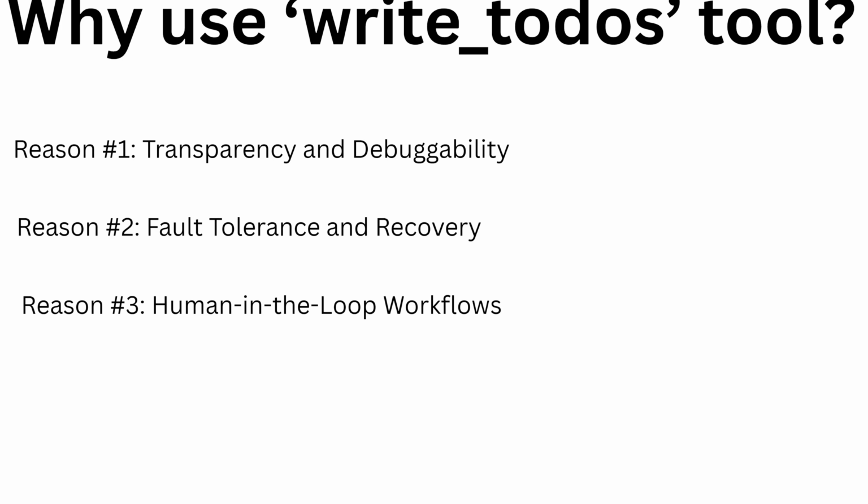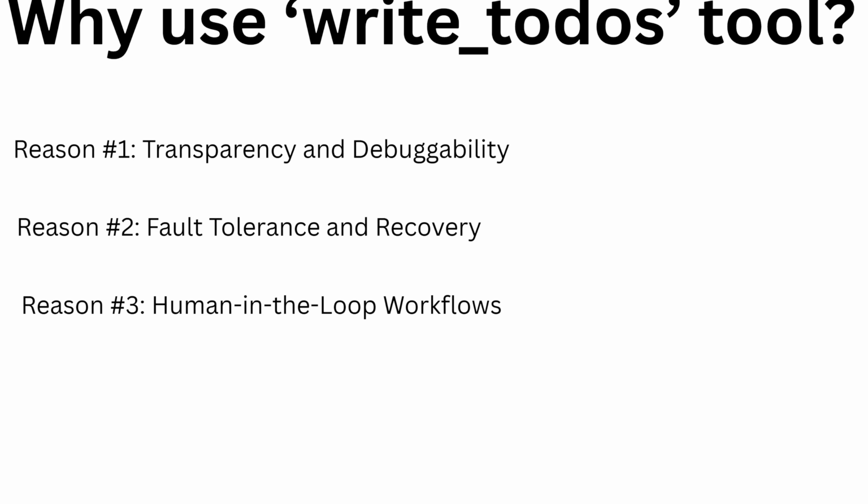And the last one is basically human-in-the-loop workflows. Sometimes you want human approval before executing, right? For example, I might want to build an agent that gives a plan for every query that it gets, or if it is a long-running task or a research task, I'd like to have an agent that creates a list of plans for how it will accomplish the task that was given to it.